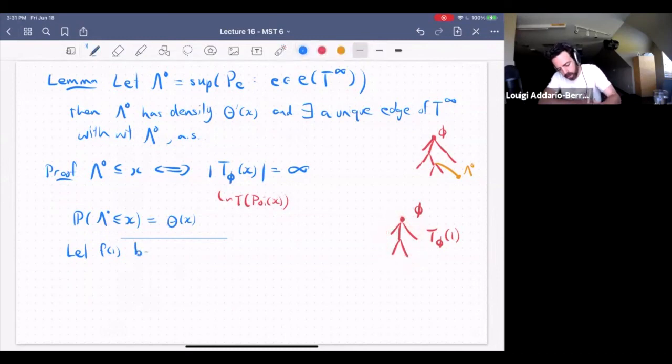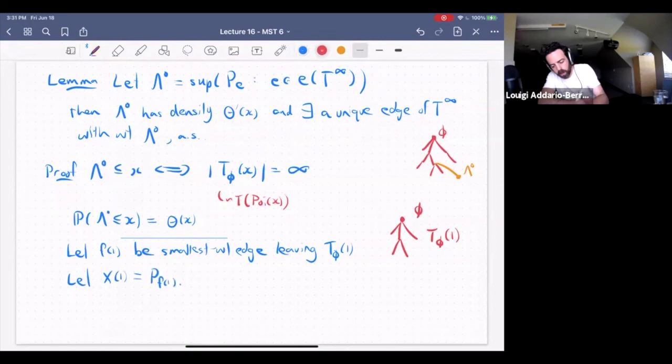I'll let f1 be that edge, the smallest weight edge leaving T1 at the root, and let's say that the weight of that edge is x1.